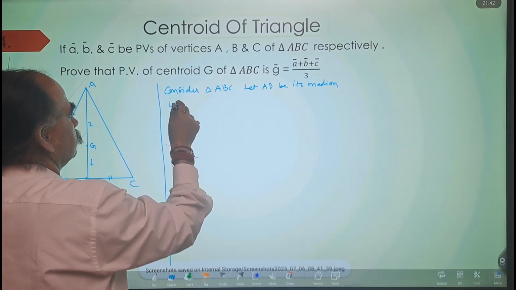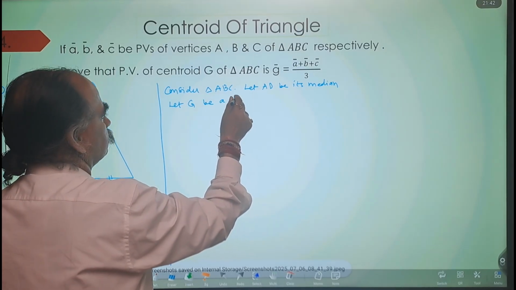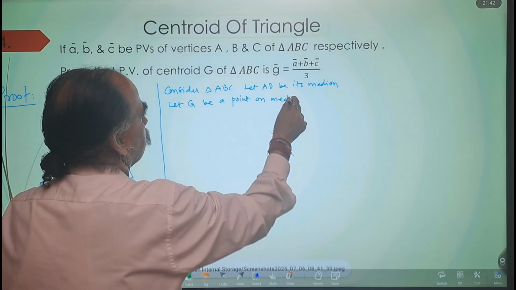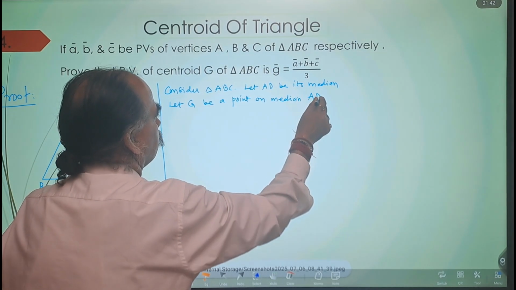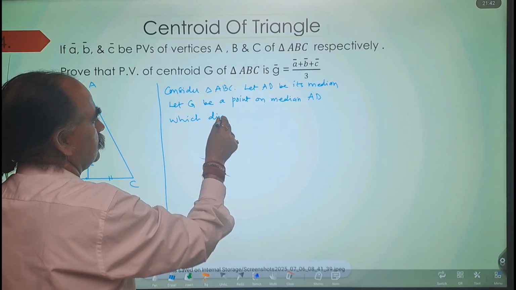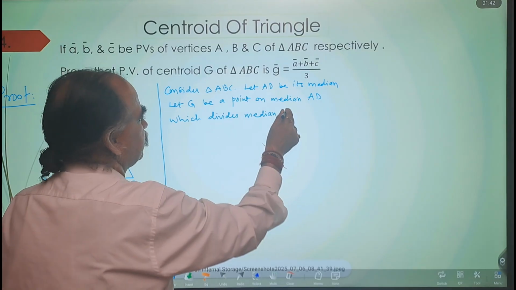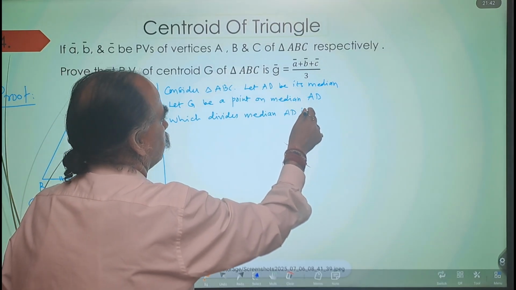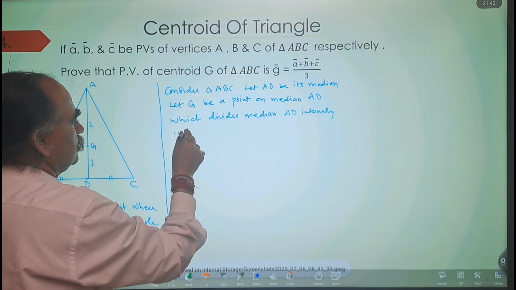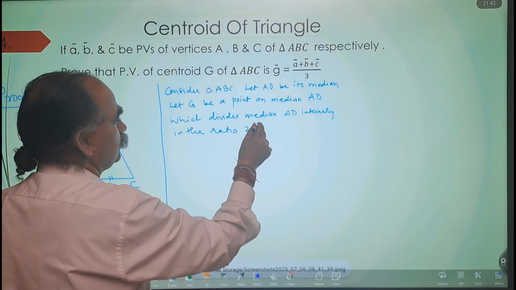Let G be a point on median AD which divides median AD internally in the ratio 2:1.